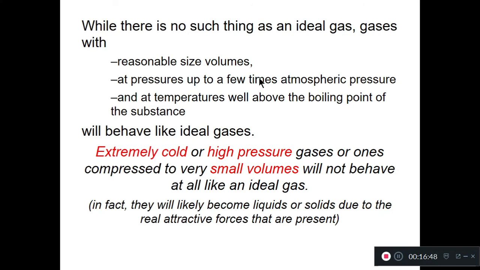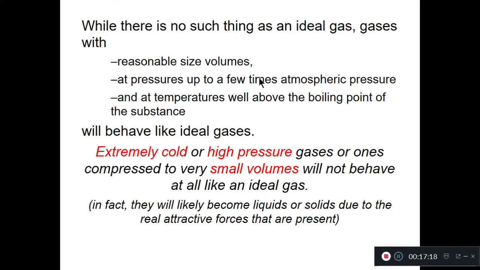If I have pressures that are reasonably low or a few times above atmospheric pressure, that's fine, but when I get to incredibly large pressures, remember I'm pressing those molecules, they're getting closer together with a lot of collisions, and every time they collide, the fact that there is some attraction suggests that maybe I'm not going to have those elastic collisions. And so at high pressures, I begin to deviate from ideal conditions.